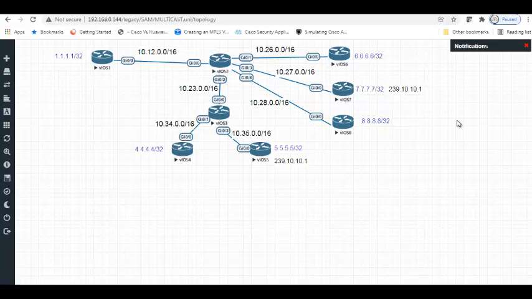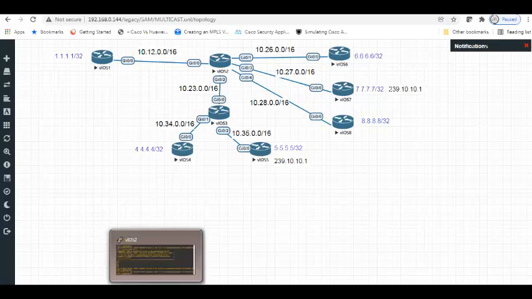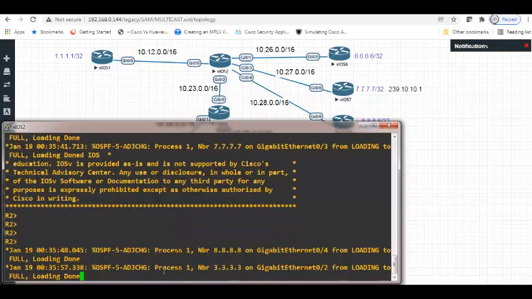But we also saw the multicast traffic was flooded on this G01 interface, G04 interface, and here on G01 of router 3 where there is no receiver. So it was flooded and pruned back. We saw that earlier. We are going to look into these things one more time, and then we'll get into sparse mode.